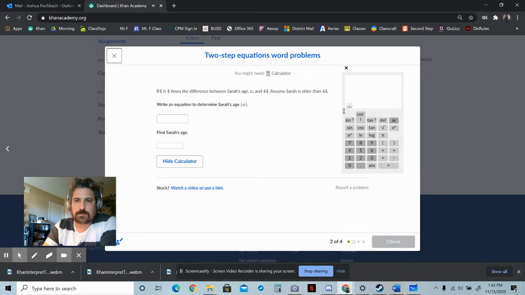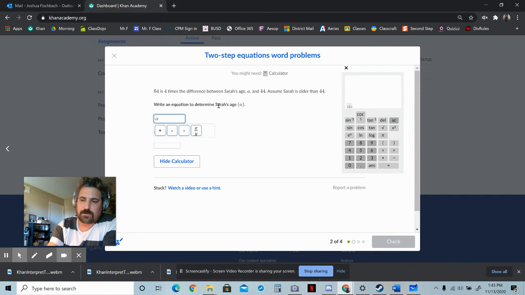Okay, let's do the next one. 64 is 4 times the difference between Sarah's age, A, and 44. Okay, so 64 is 4 times the difference between Sarah's age and 44. So basically, if you were to think about the equation here, Sarah's age is A, we don't know what that is, and 44. So A take away 44 is the difference between Sarah's age and 44.